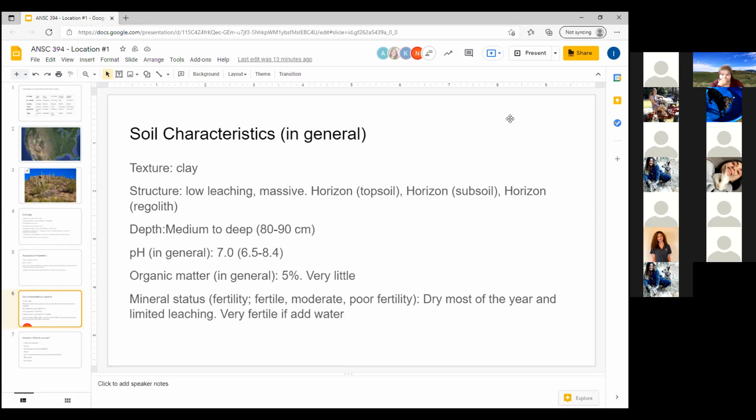The pH overall was about 7.0, ranging between 6.5 and 8.4. The organic matter was 5%, so it was pretty small. The mineral status would be dry most of the year and limited leaching, very fertile if more water was added.